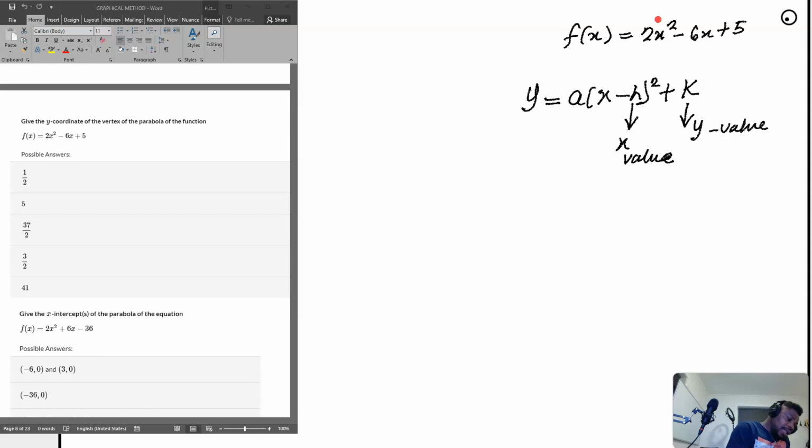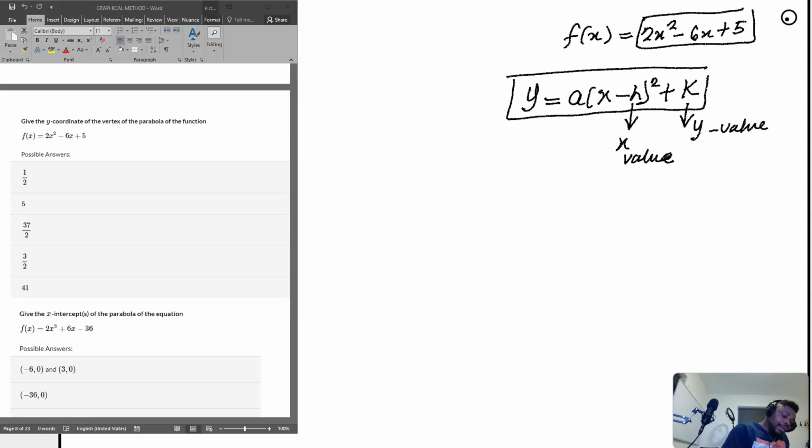So let's put this function in this form. That will be f of x is equal to 2 bracket x squared minus 3x plus 5 over 2.